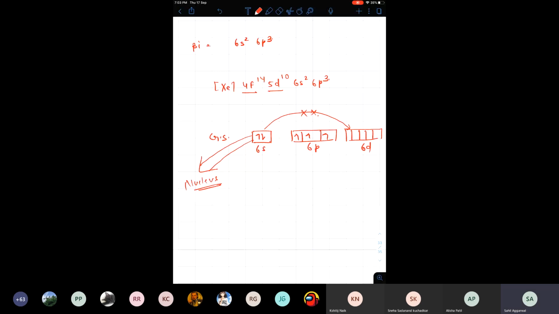All of you understood this? Because of poor screening and shielding by D and F subshell, 6s electrons remain attracted towards the nucleus. As they remain attracted towards the nucleus, they can't be excited to 6d subshell. Hence, there cannot be +5 oxidation state.